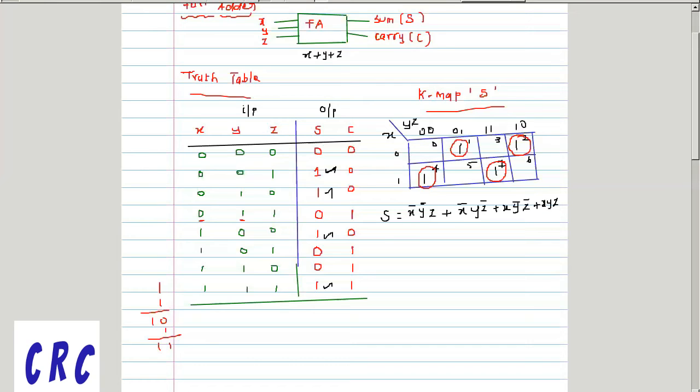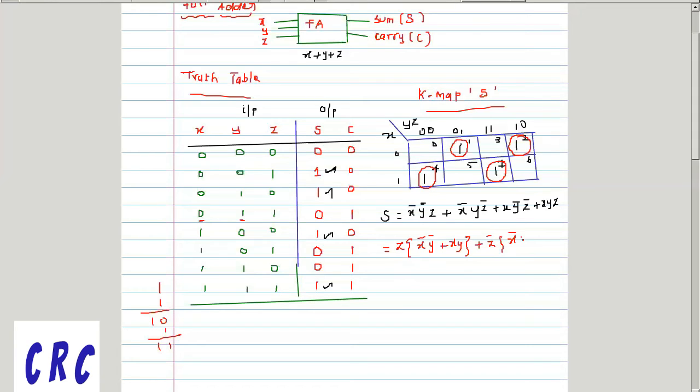Now you have to think of a method to simplify this. Look at the first and the fourth term. You can take Z commonly out. If you take Z commonly out, it is X bar, Y bar plus XY. Now out of the second and third term, take Z bar commonly out.